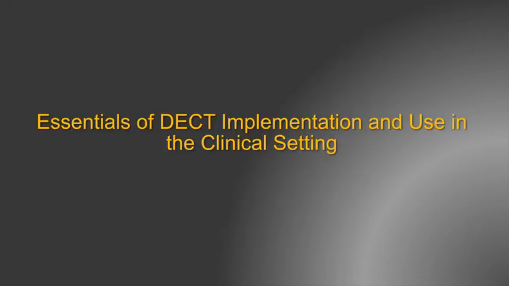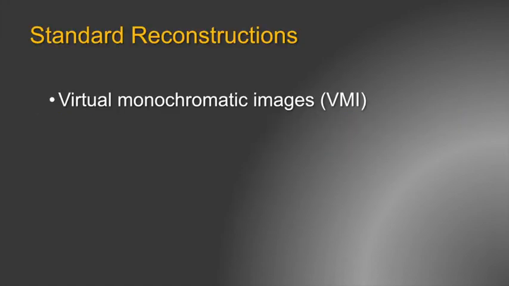Now, before we proceed to specific applications of DECT for head and neck imaging, I want to briefly discuss the different and common reconstructions generated using DECT. One type of reconstruction you need to be familiar with is the virtual monochromatic images, henceforth referred to as VMIs. These are also referred to as virtual monoenergetic images.